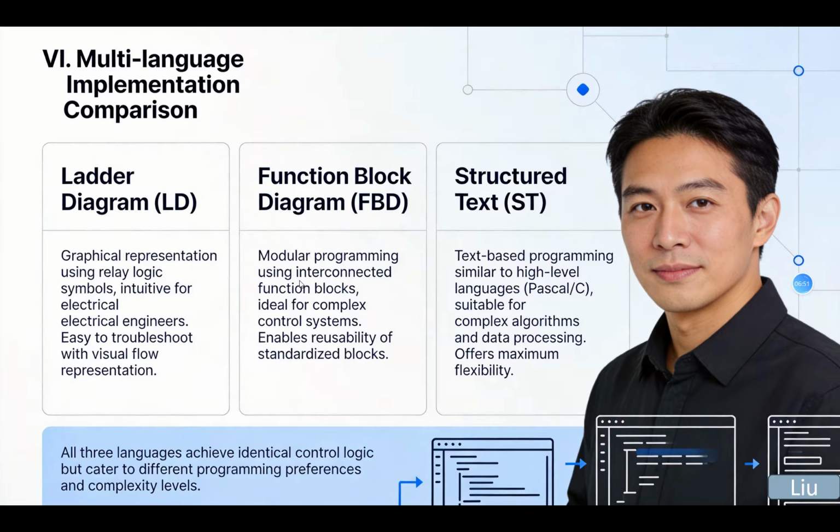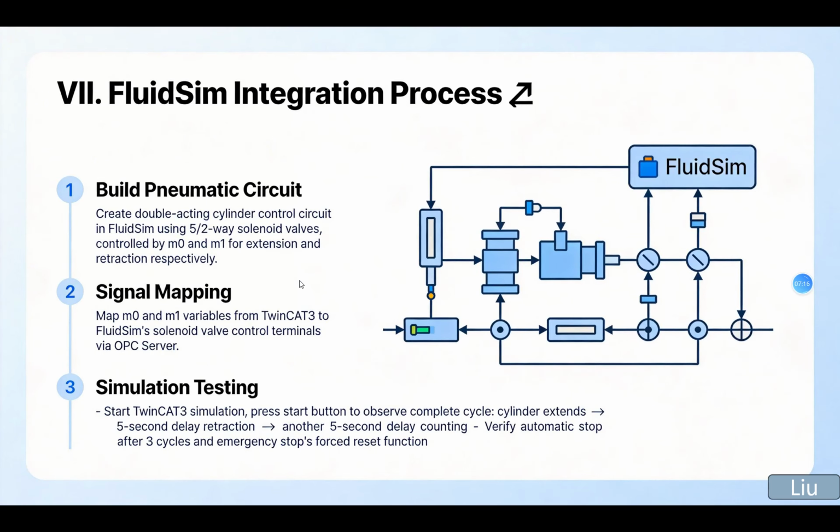Function block diagram, FBD: modular programming using interconnected function blocks, ideal for complete control systems. And ST, structured text: text-based programming similar to high-level languages, suitable for complex algorithms and data processing.